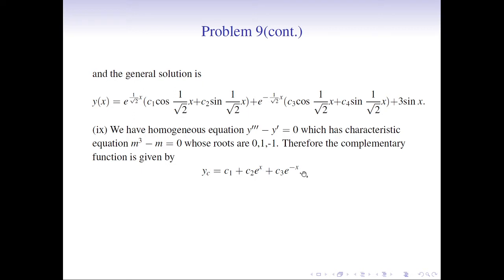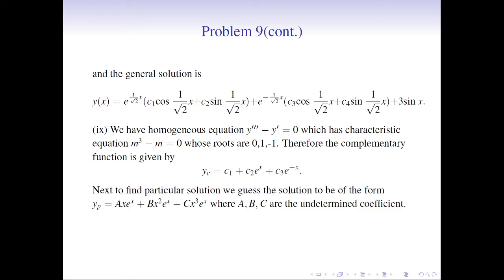So this gives us the complementary function. Next we have to find out the particular solution. So for the particular solution, we guess the solution to be of the form yp is equal to a times x into e raised to x plus b times x square e raised to x plus c times x cube e raised to x.